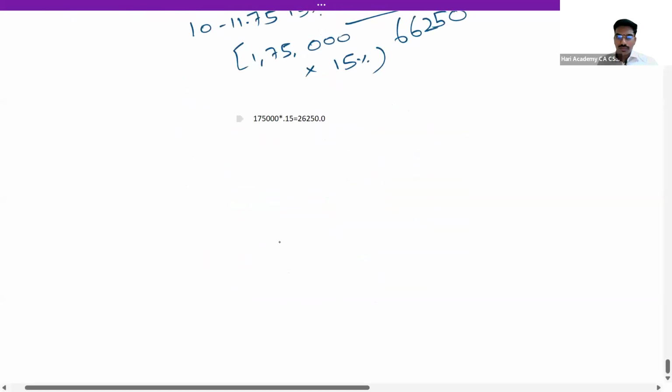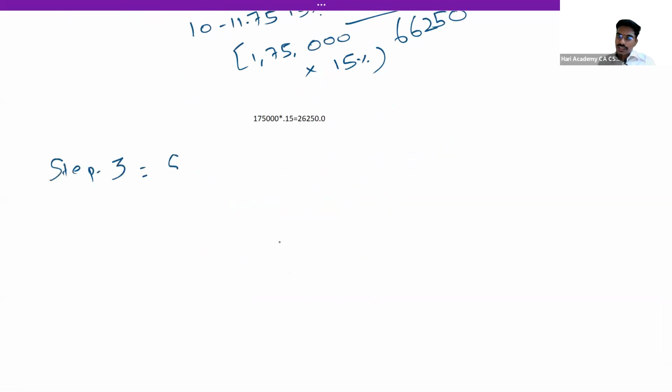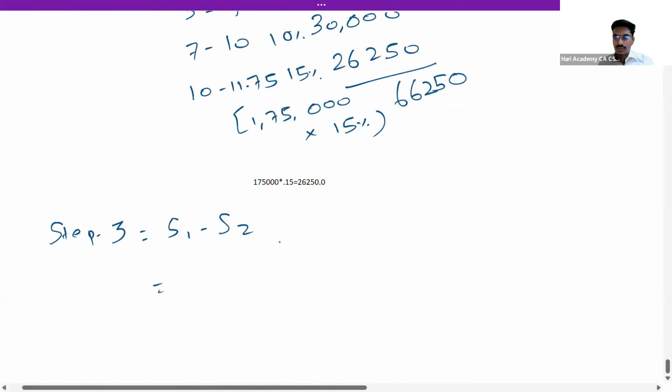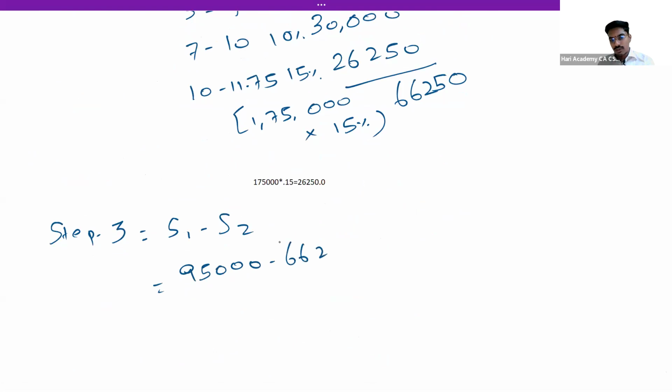So the total is 66,250. Now step 3 is S1 minus S2. What is my S1 here? S1 here is 95,000 minus 66,250.